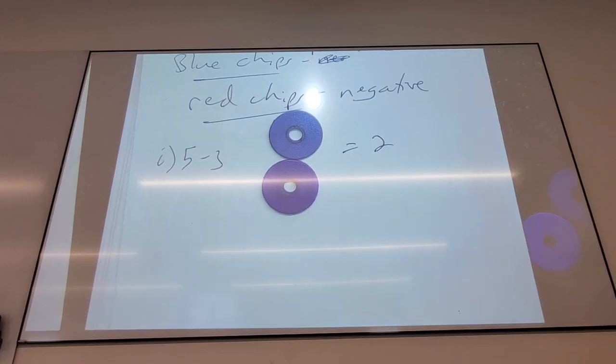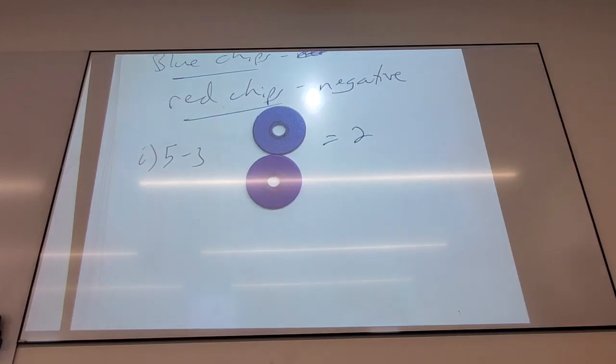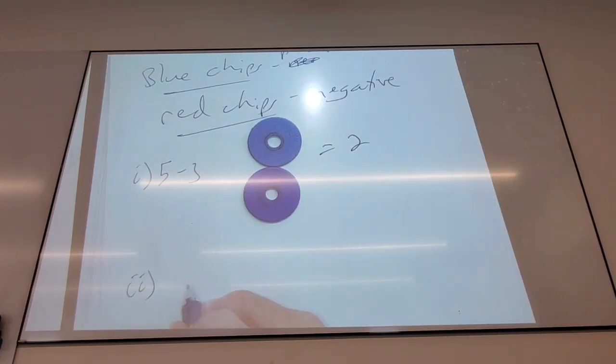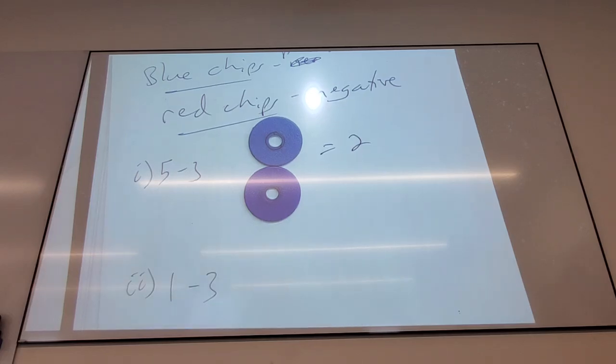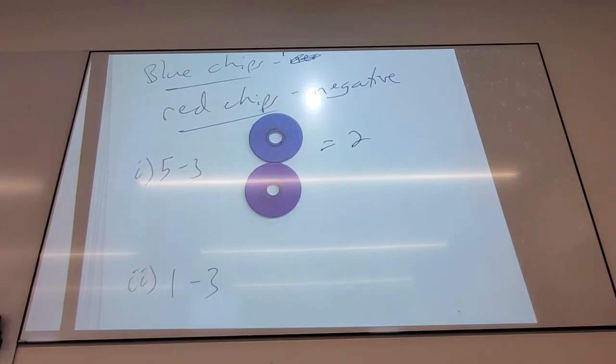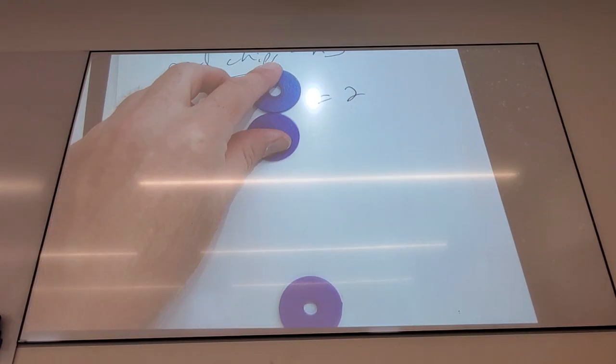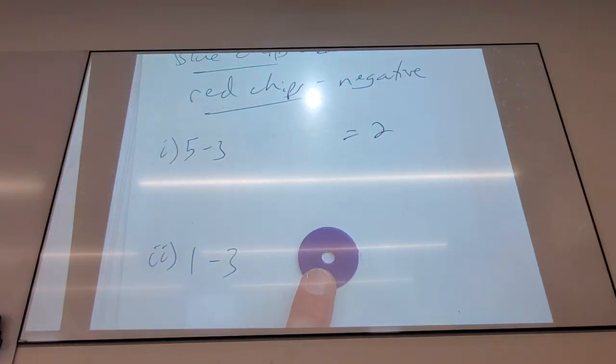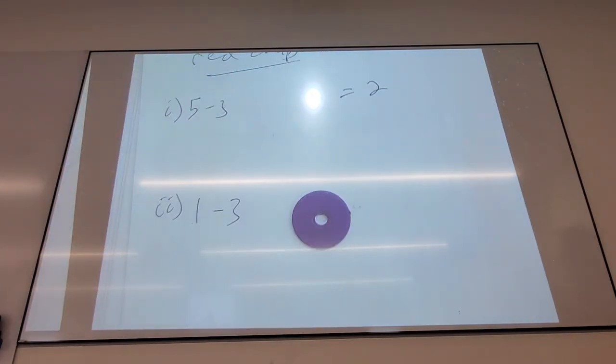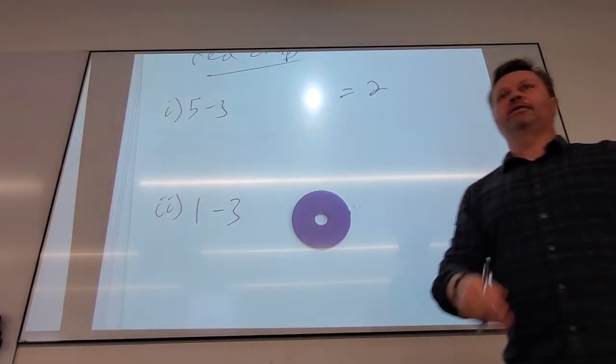Things get more interesting when I want to do something like this. What if I want to do 1 minus 3? Why is that physically difficult to do? It's immediately obvious. You have 1 and you have to take 3 away.